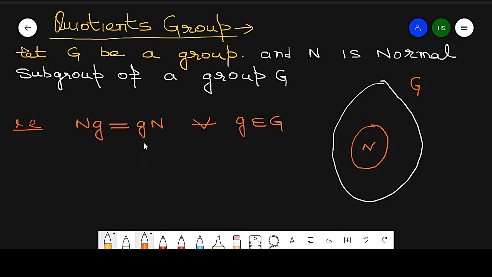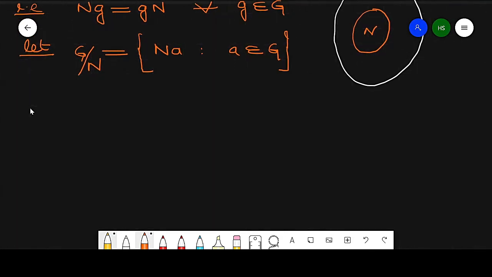Now, if I define a set G by N, it is the set of all cosets Na such that a belongs to G. It is the set of all right cosets of N in G. But since N is normal, there is no distinction between left and right cosets.